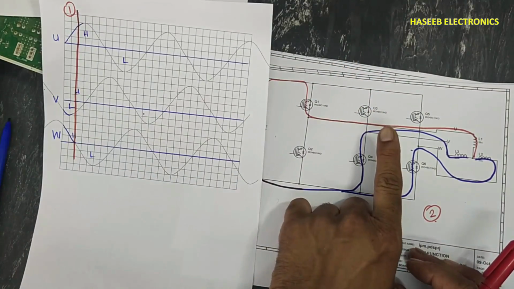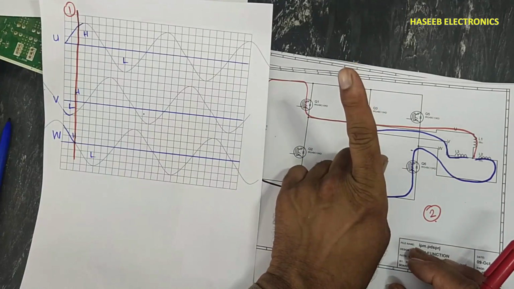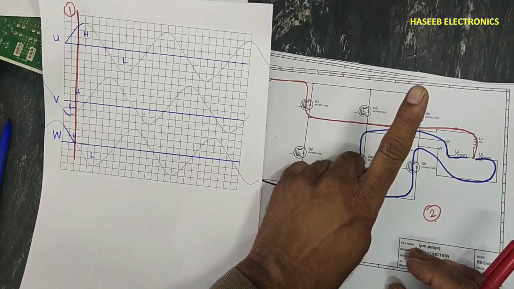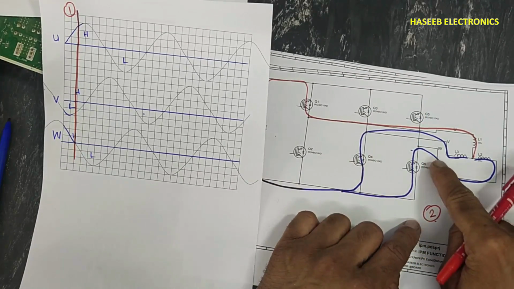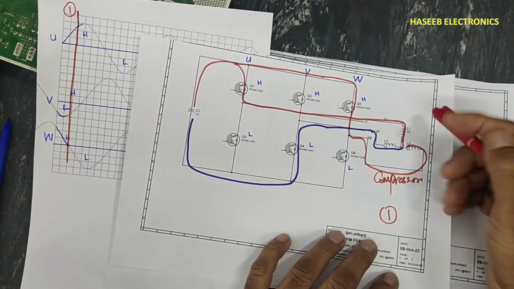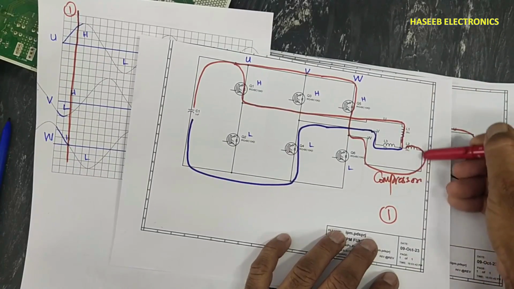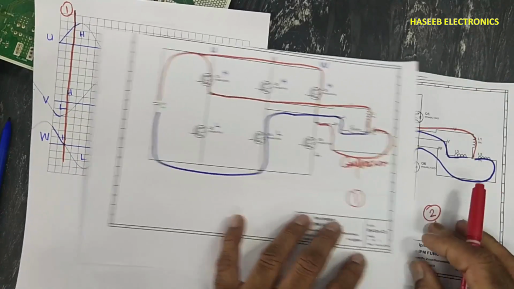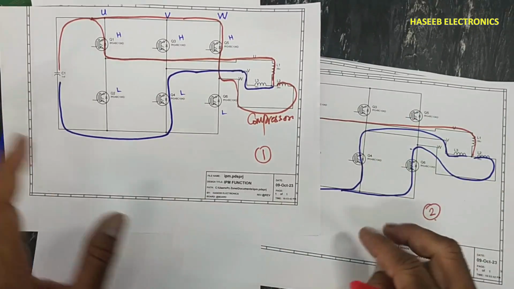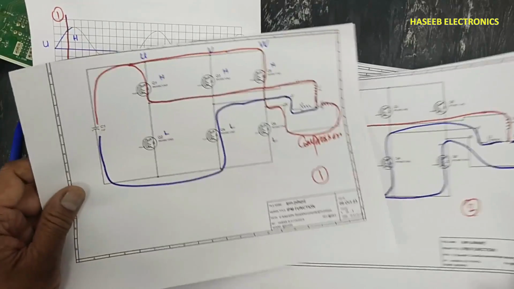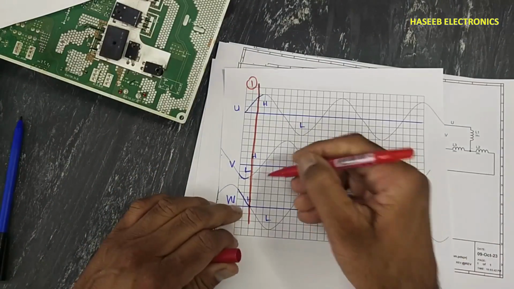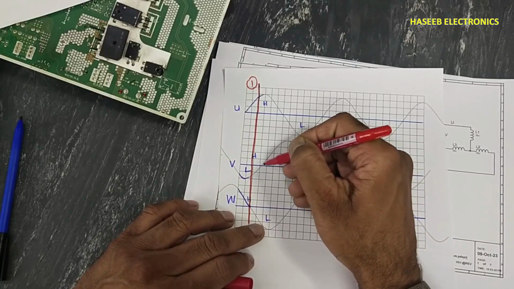Before this, if the resultant magnetic field was here, now the resultant magnetic field will change. It's example. Before this, current was flowing in this side from here to here, but now current will divide in this winding and this winding. This is our sequence number 2. Until here.